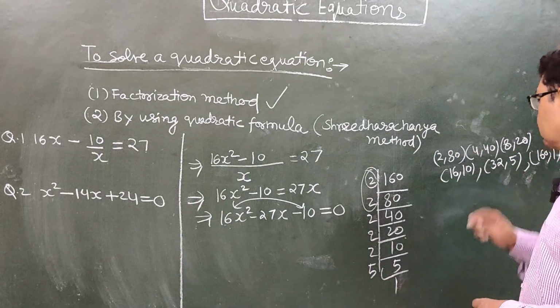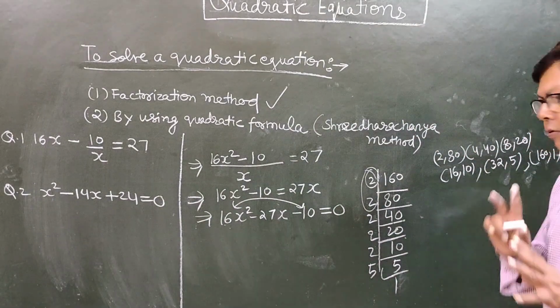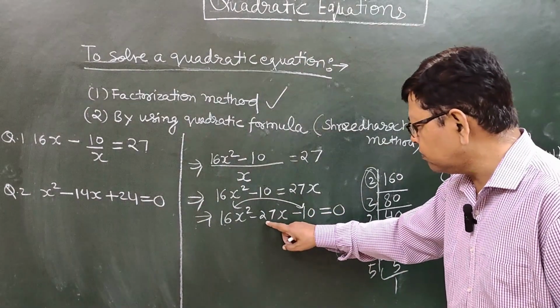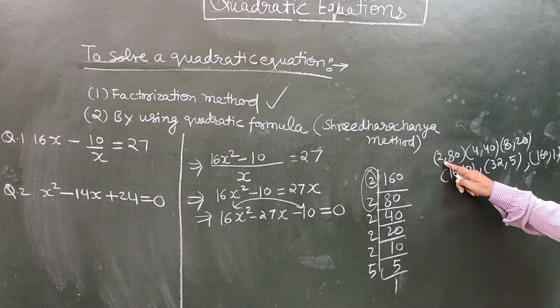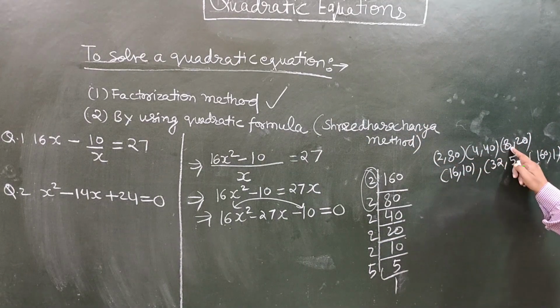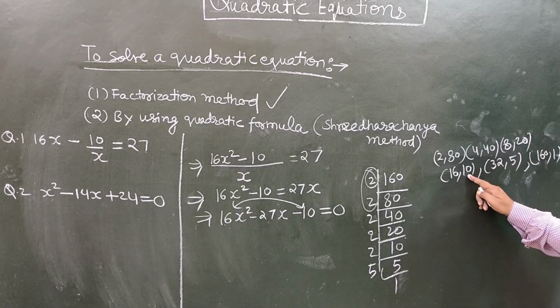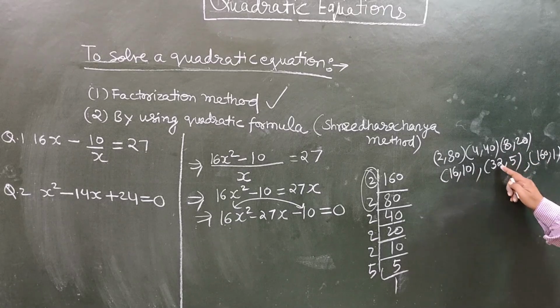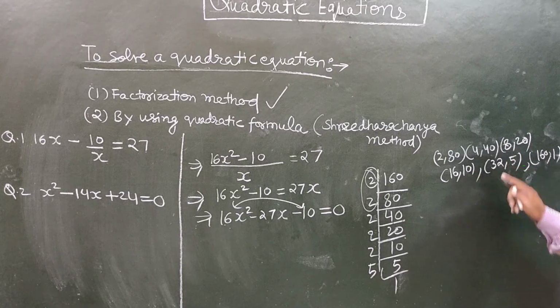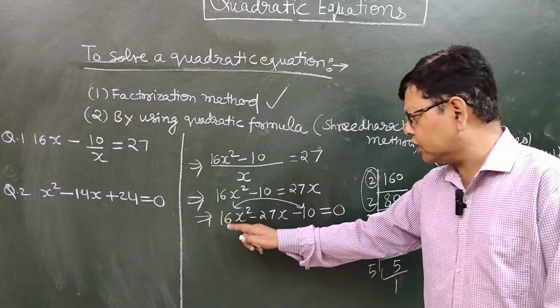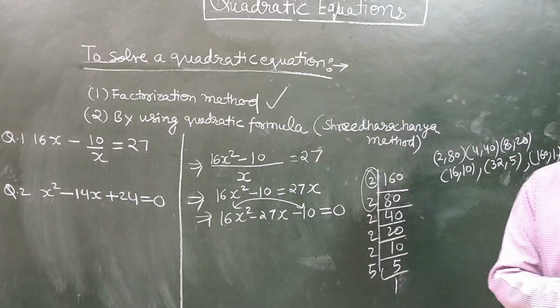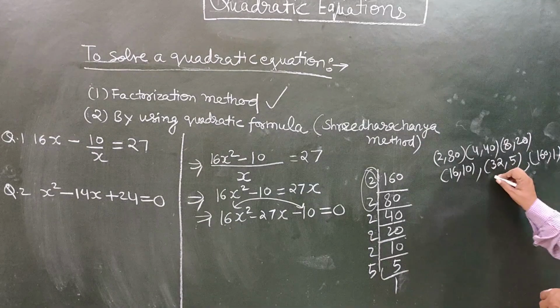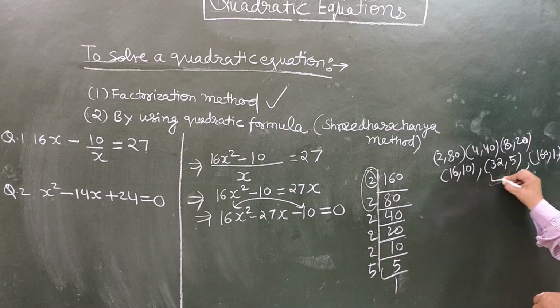Now I will search for a pair whose difference is the middle value 27. Here the difference of 32 and 5 is 27. Because the product is negative, I will write this middle number as the difference of two numbers, and those numbers are 32 and 5.